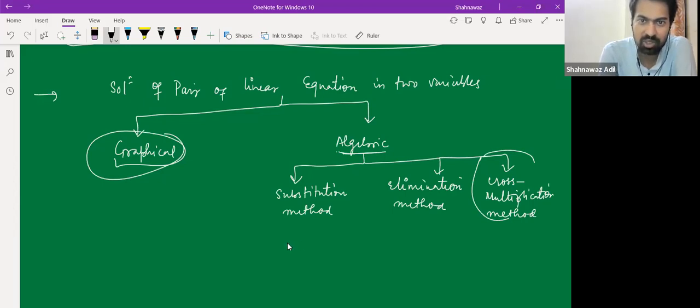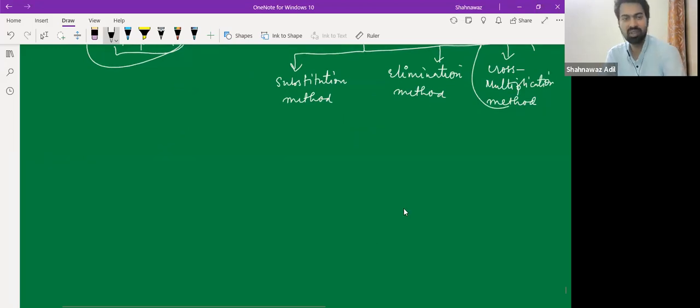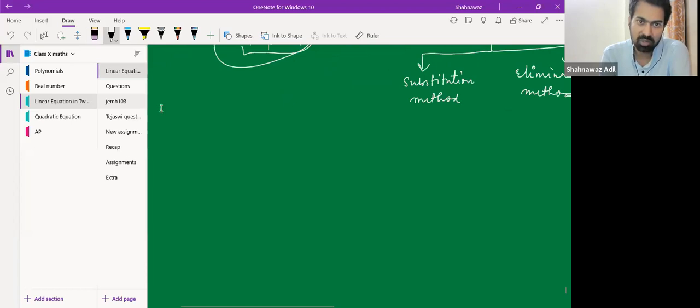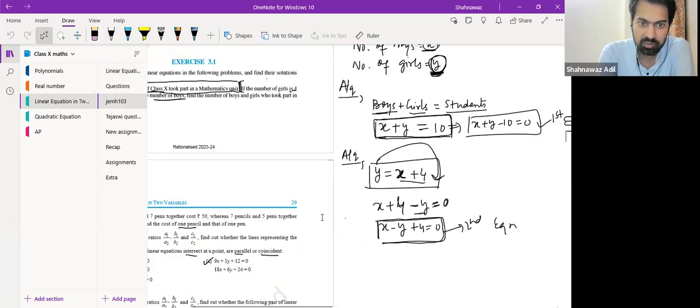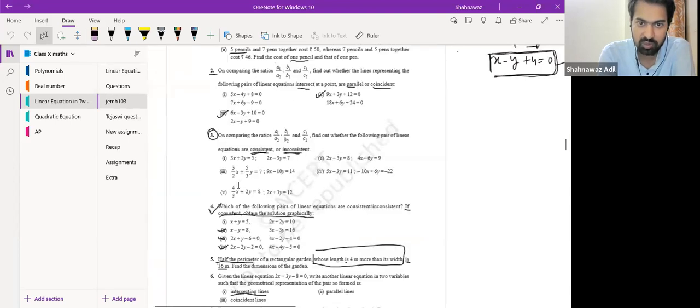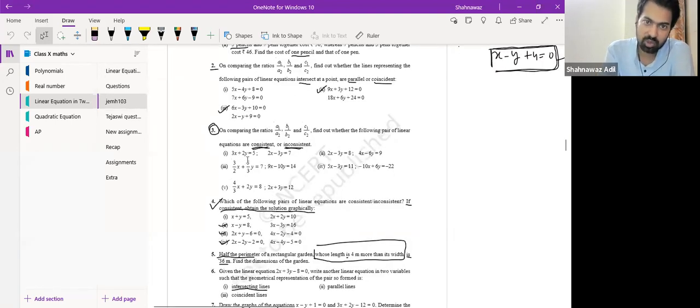So in this substitution method, what do we do? We have a pair of linear equations. Let me take one pair. Let us take this equation: 3x plus 2y equals 5 and 2x minus 3y equals 7.